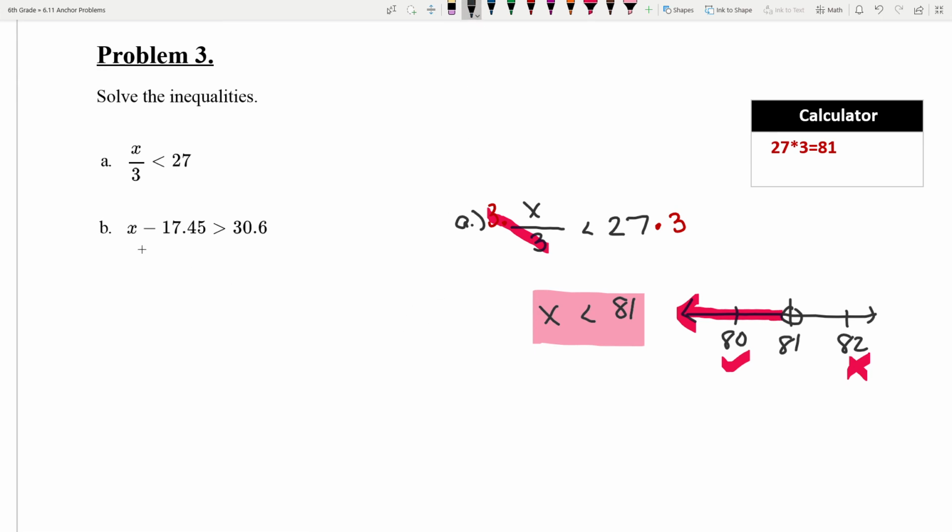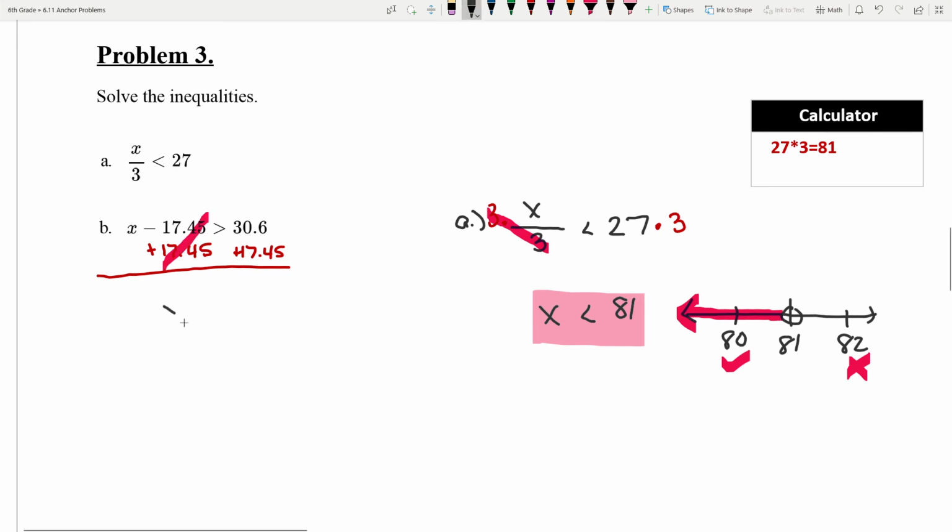Now if we come to B, x minus 17.45 is greater than 30.6. The opposite of subtraction is addition. So if I add 17.45 to both sides here, this minus 17.45 plus 17.45 is 0, so it cancels.